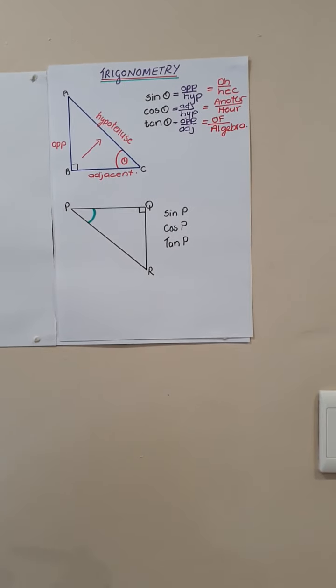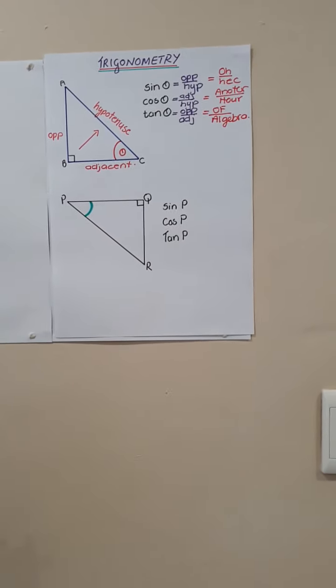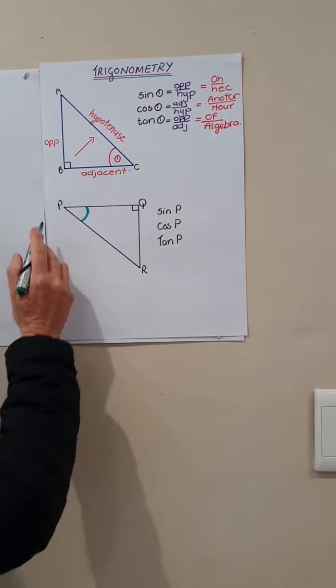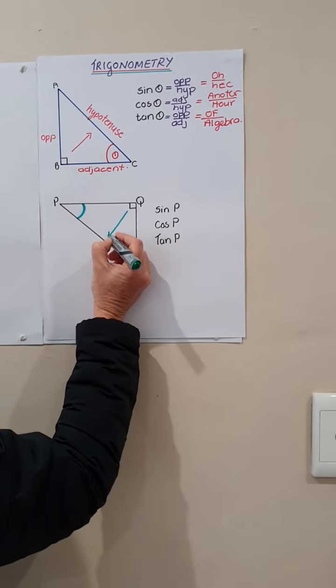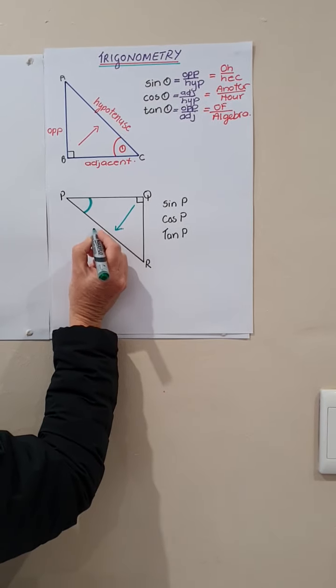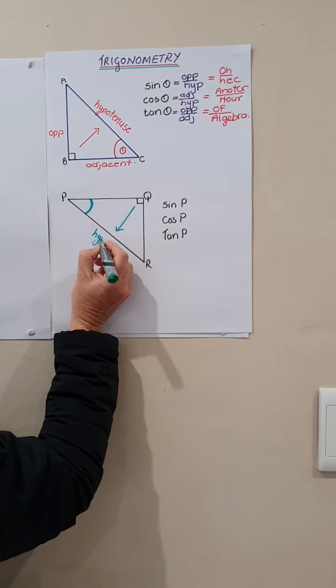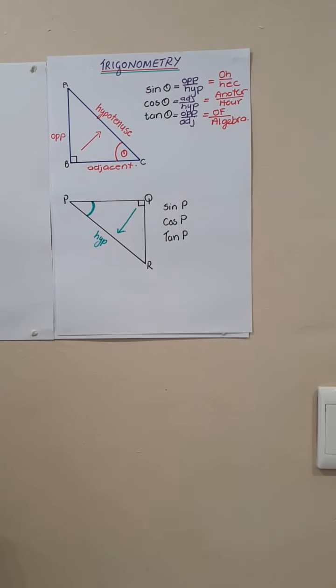Okay, let's look at a second triangle, triangle PQR. In this triangle, the right angle is here at Q, so the side opposite the right angle is what we call our hypotenuse, HYP.